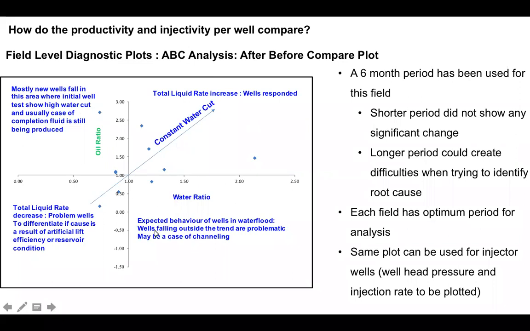But if you have points in the bottom right quadrant, then it indicates that there is more water production in your well. If one or two wells or points are there, it's all right. But if most of your wells are falling in this area, that means something's not going right with your water flood.